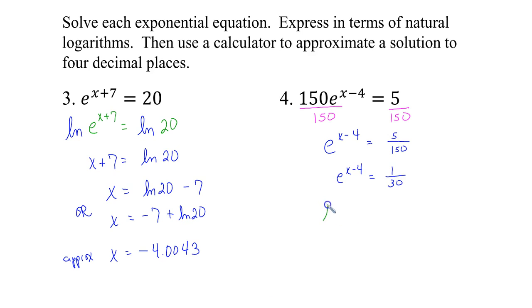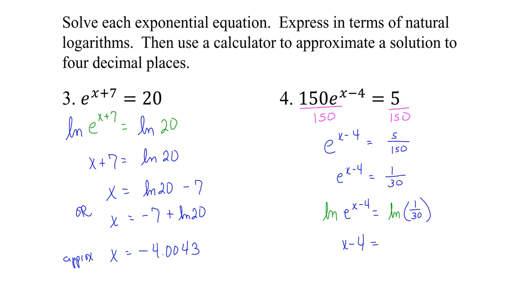Let's now solve this by taking the natural log of both sides. So the natural log of e to the x minus 4 is going to be very nice. This is going to be equal to the natural log of, please notice I am going to put 1 over 30 in parentheses. This is going to be very important that you do that. On this left-hand side, the natural log of e to the x minus 4 simply becomes x minus 4.